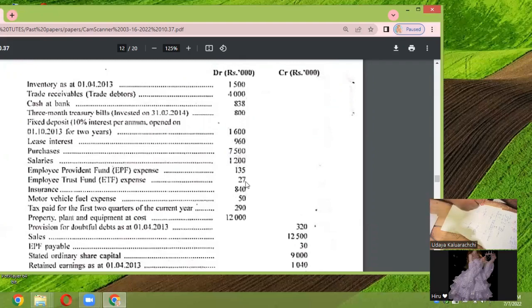Then the opening balance of the ETF expense account is 27. Right. Salaries it is gross salary. Yes. Now we can complete this.